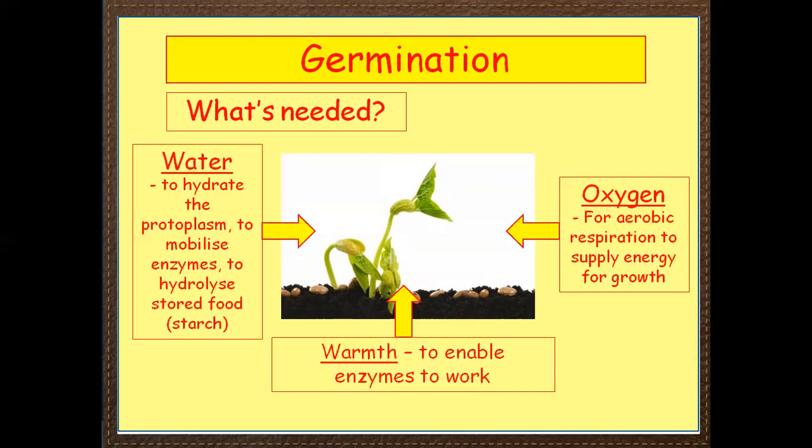Okay, and temperature is also necessary for seed germination, because the enzymes need an optimum temperature to work, so a warm temperature is necessary. Oxygen is for aerobic respiration. Remember, temperature increases the kinetic energy of the molecules. If the temperature is optimum, there are more chances of collision between enzyme and substrate, so the activity of the enzyme will be more.